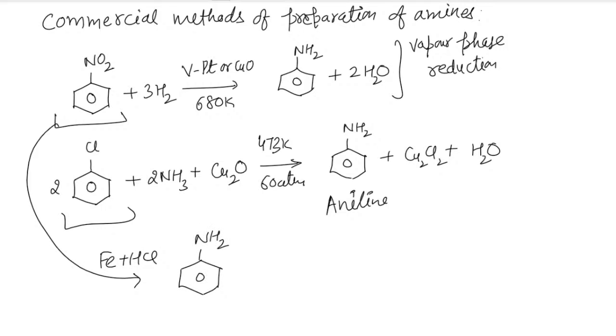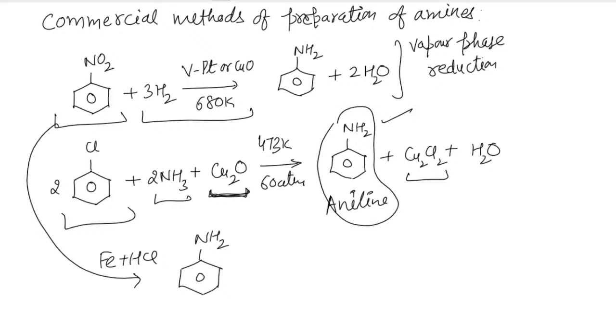That is also a valid commercial method for the preparation of amines, or hydrogen in the presence of cupric oxide or vanadium platinum catalyst can be used at 680 Kelvin. And second is from chlorobenzene, when vapors of ammonia are passed through the mixture of chlorobenzene and cuprous oxide. So we get cuprous chloride along with aniline.